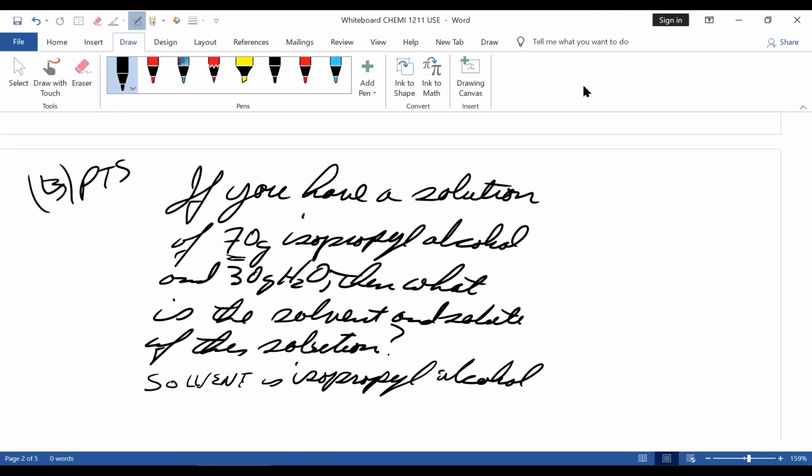All other components are solutes. In this case, we only have one, water.